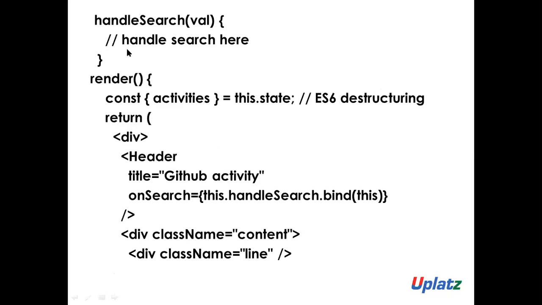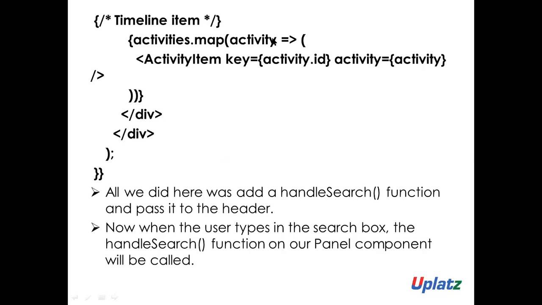Handle search, I have a handleSearch here. Inside the render, const activities equals this.state, the thing which I have shown you before, everything it's rendering, and I'm just returning the header of my GitHub activity. this.handleChange.bind(this), I'm binding the header component, and I'm making the class content, and with the help of that map function, I'm making activity 1, activity 2, activity 3, like that.